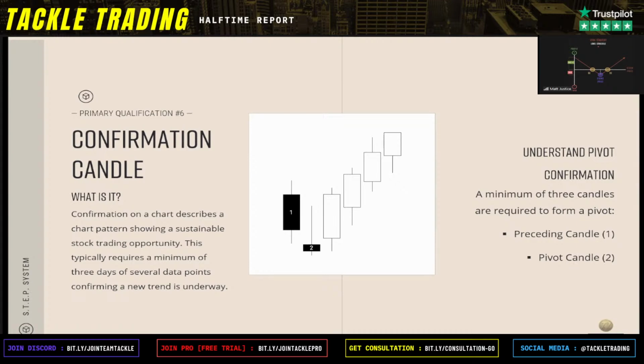Once we do see that second candle, we get that pivot formation. That's candle number 2, and that's where we get excited. We got our slowing momentum. It's at a technical catalyst. Let's giddy up and go. And then the third candle is that Jesse Livermore candle, one of the greatest traders of all time, lived over 100 years ago.